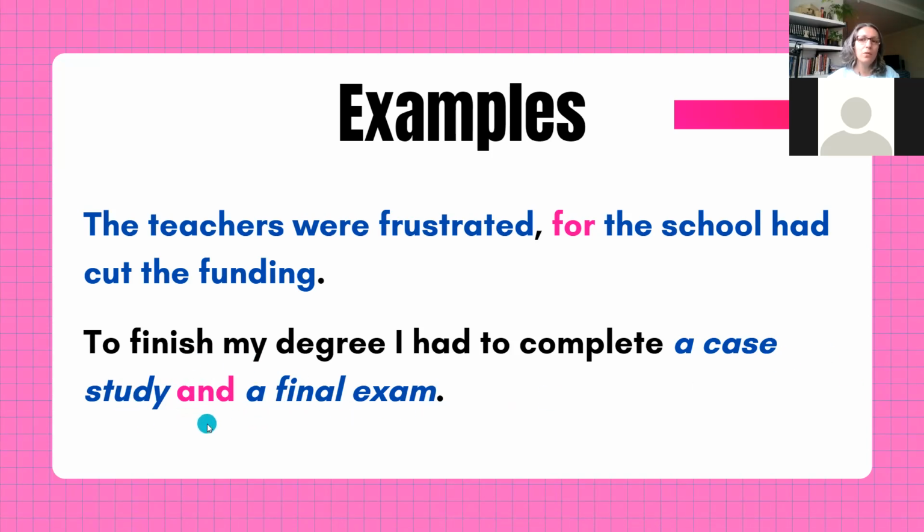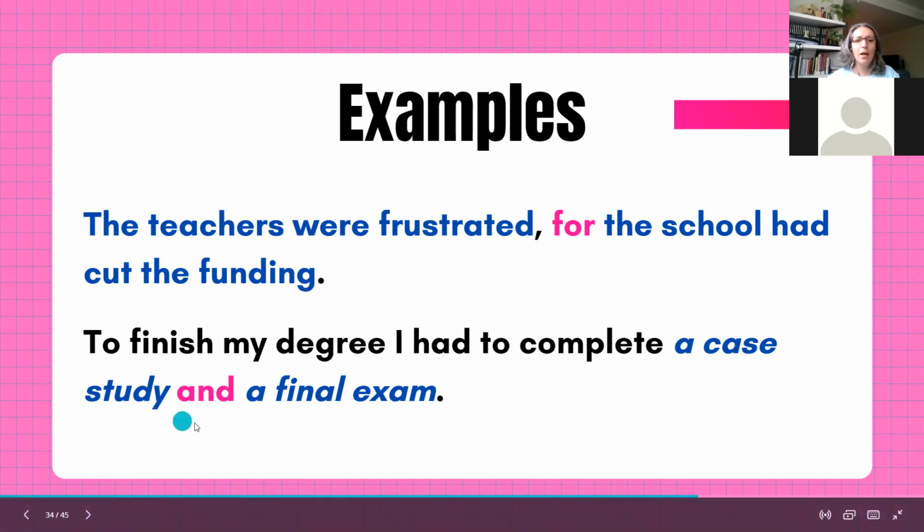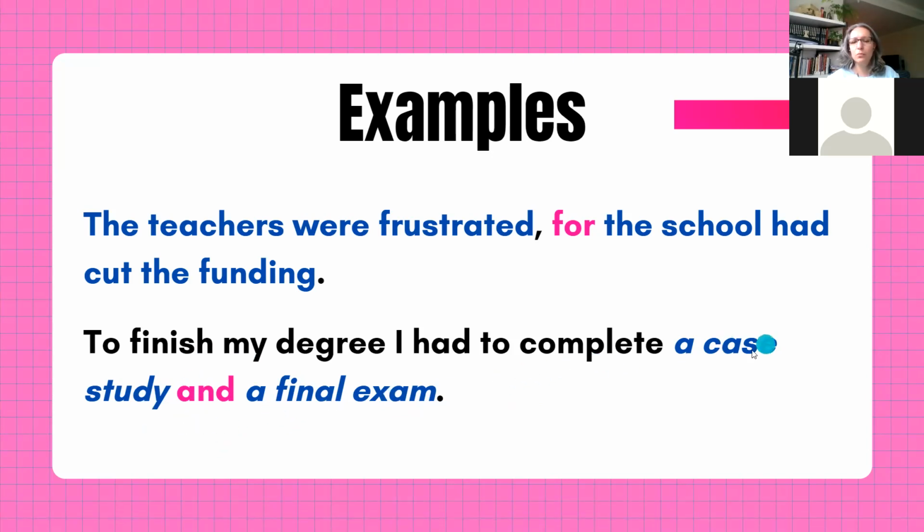In this case, we don't need to use a comma because it's not clauses that we're separating. It's just two things. If I had a third thing, if I had to say a case study, a final exam, and a presentation, in that case, I would have to use a comma because it's a comma in the list. So I would have a presentation, comma, a case study, comma, and a final exam.